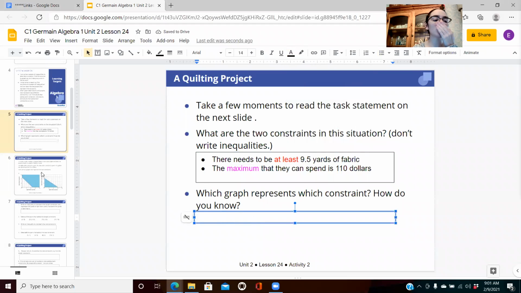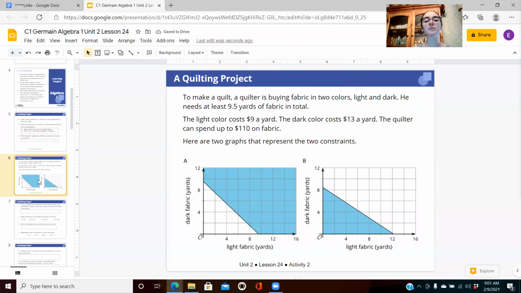So then which one of these graphs represents which piece? Which one represents the maximum of $110 and which one represents the minimum of 9.5 yards of fabric? So Gabe says graph A represents the constraint that you need at least 9.5 yards of fabric.